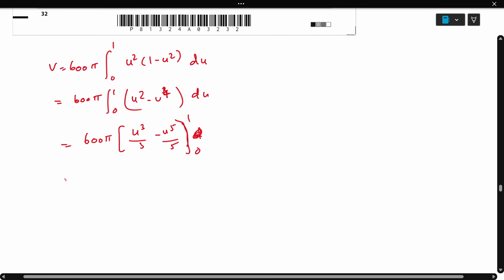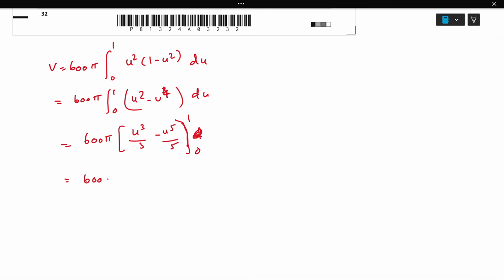Now we have to plug in the values, upper limit and lower limit. The lower limit is zero, so only the upper limit: 600 pi into (1 over 3 minus 1 over 5), which is 600 pi into 2 over 15, which equals 80 pi, because 2 by 15 into 600 equals 80. So 80 pi is the final answer.